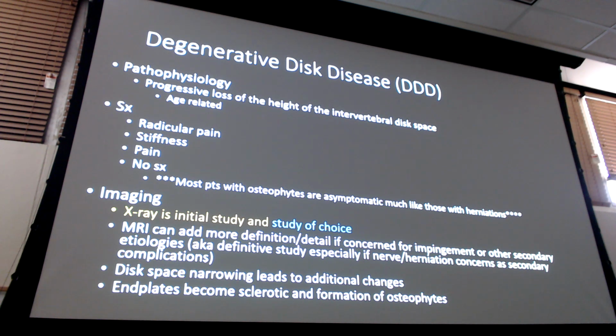This is something that we get as we get older. We're all probably going to get this. Those of us who were in more physically demanding career fields prior to coming here probably get it a little bit sooner, right? Because it's arthritis of the back. You're going to have radicular pain, stiffness. Some patients can be asymptomatic and you find it accidentally on X-ray.